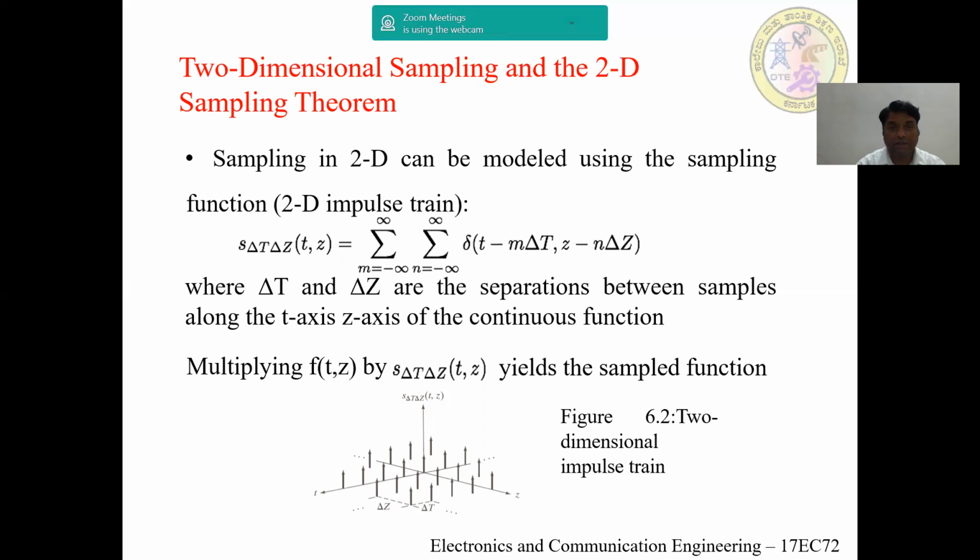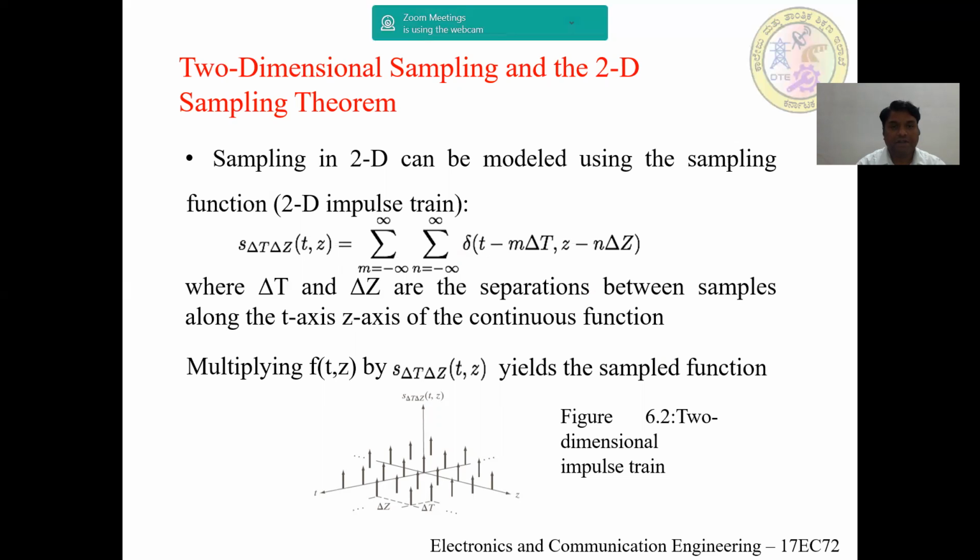The impulse train ΔTΔZ(t, z) is equal to the double summation, with m from minus infinity to plus infinity and n from minus infinity to plus infinity, of δ(t - mΔT, z - nΔZ), where ΔT and ΔZ are the separations between samples along the t and z axes of the continuous function.